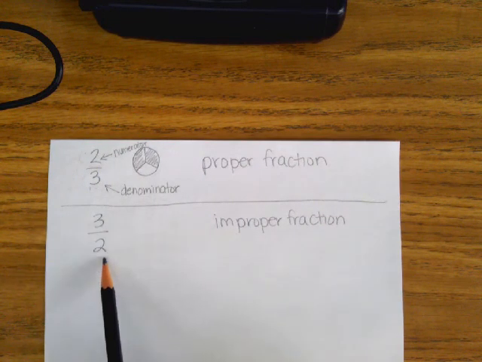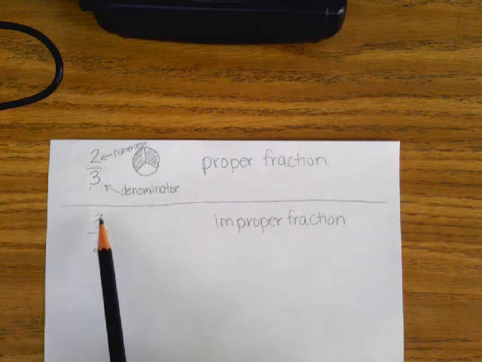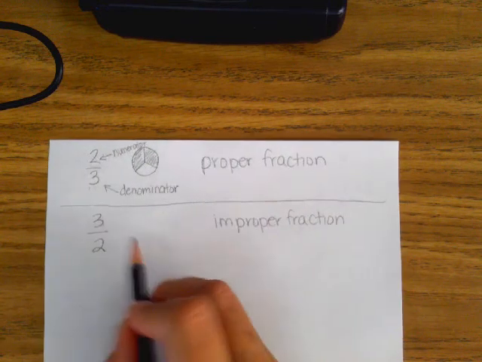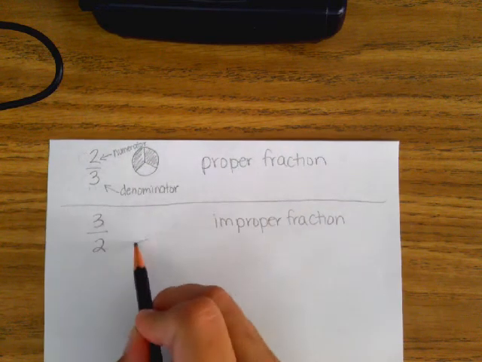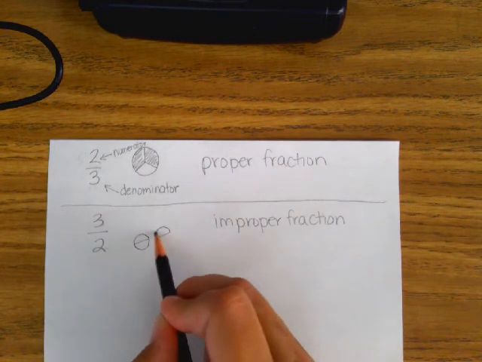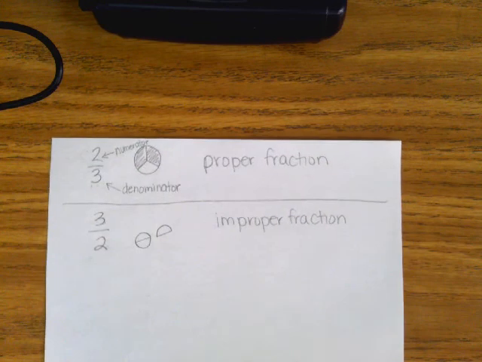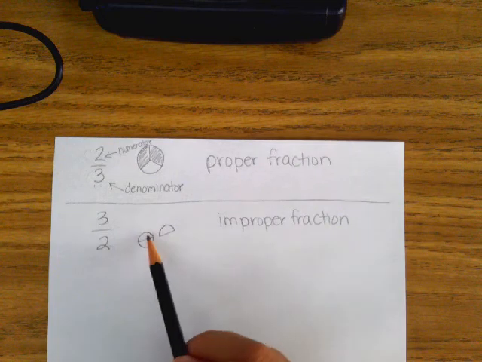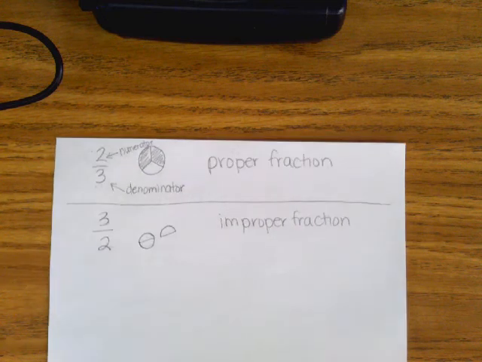Our denominator is still the bottom number, but this time we have more pieces than it takes to make a whole. For example, if we're talking about halves, I know that it takes 2 halves to make a whole, but this fraction tells us we have 3 halves. So this is what that looks like with a picture. There are more pieces than it takes to make one whole.